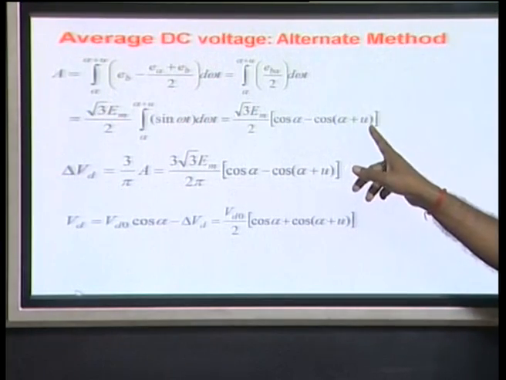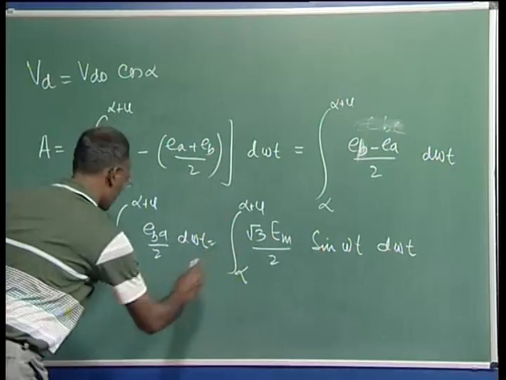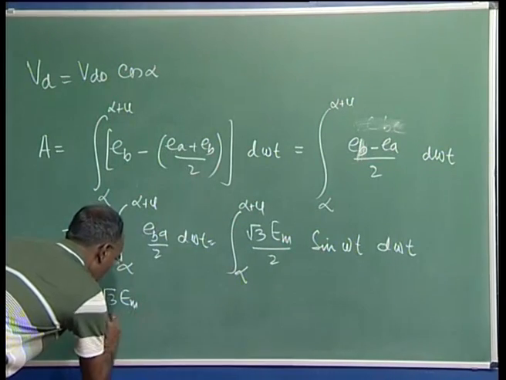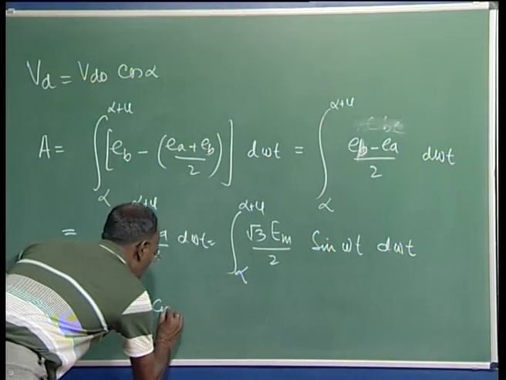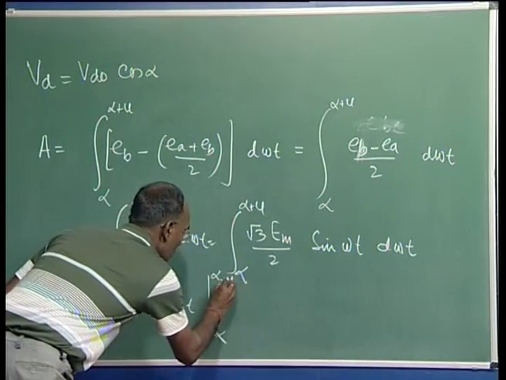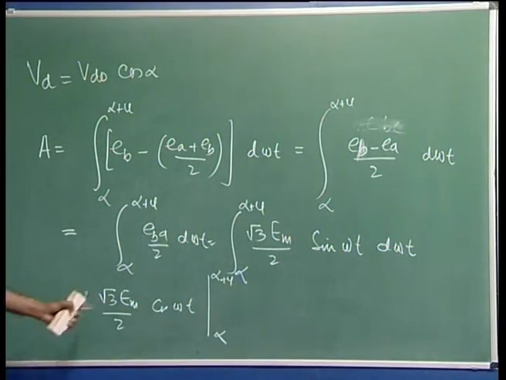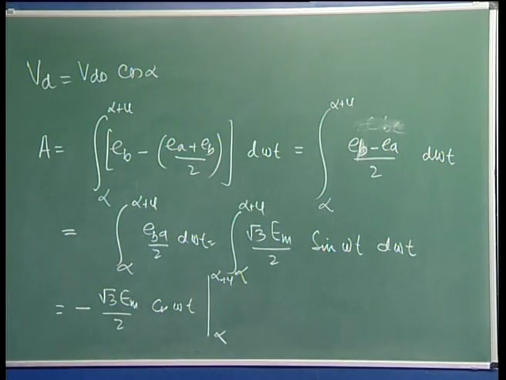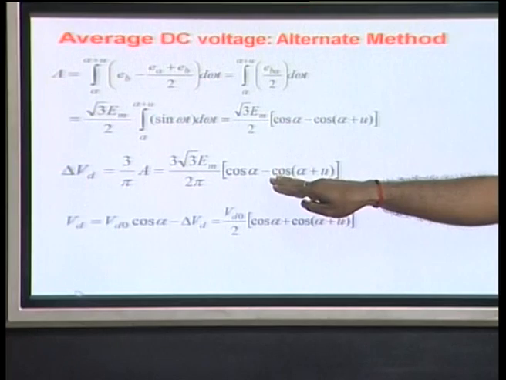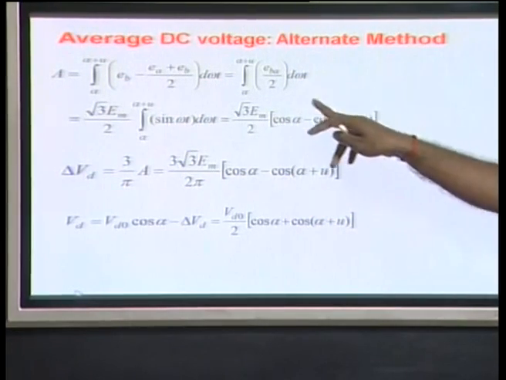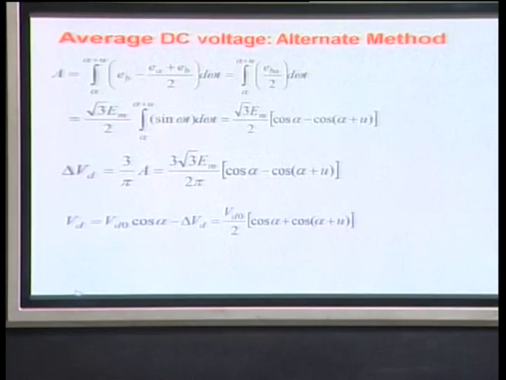So this will be minus under root 3 Em by 2 cosine omega t, and here alpha plus u will be the limit. To put this value, the negative will go off. So, we are getting cos alpha minus cos alpha plus u. So, this is the area A we are getting.